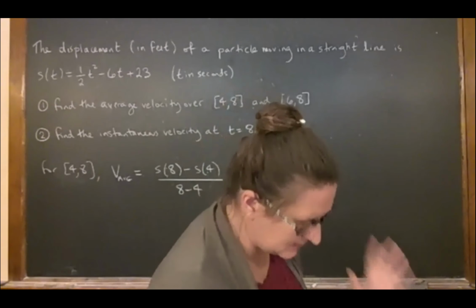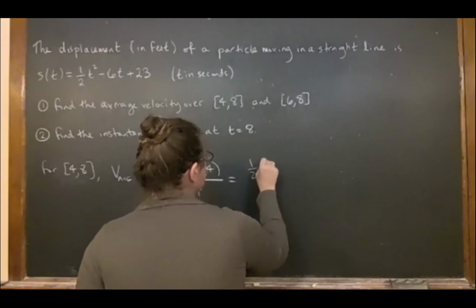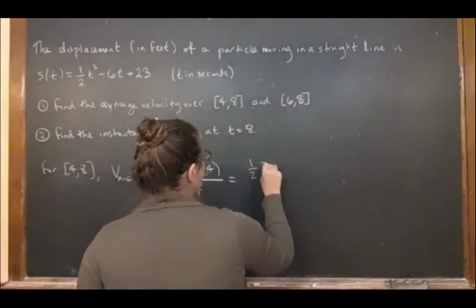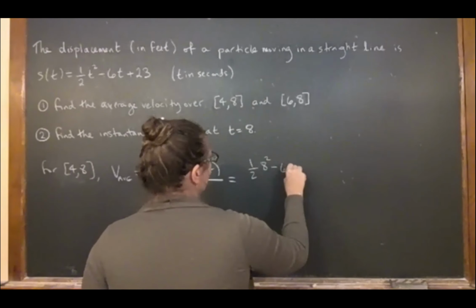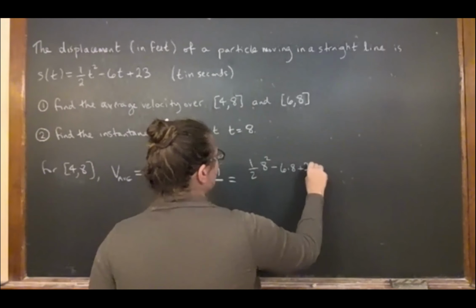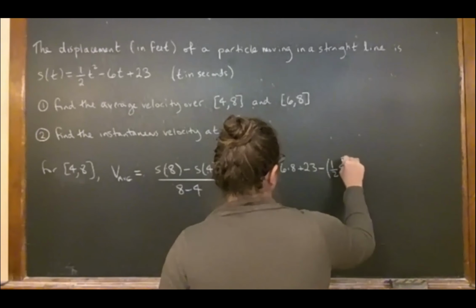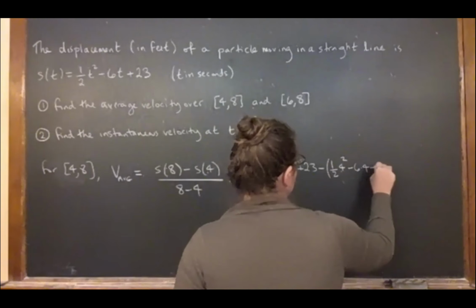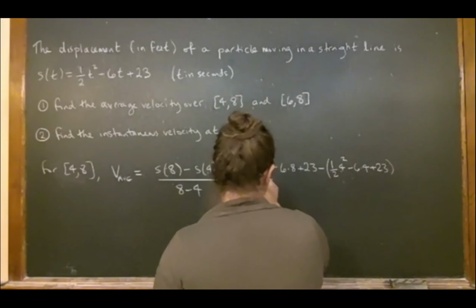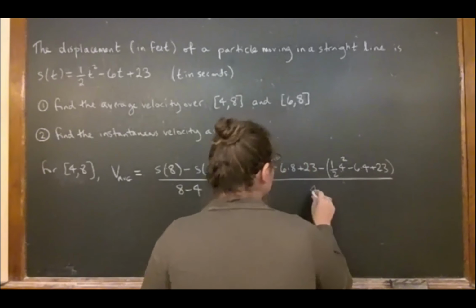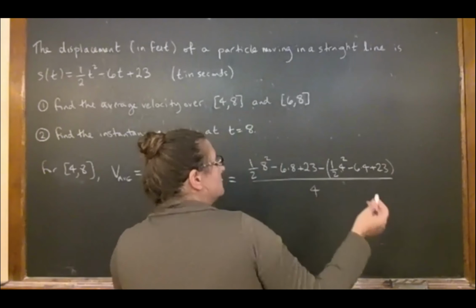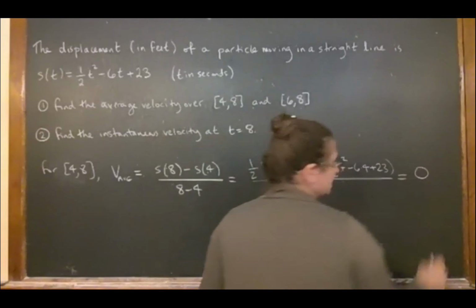I actually did them before so that I wasn't sitting here doing arithmetic for a million hours, and then over 8 minus 4, which is 4. Well, it turns out if you work this out, it actually is 0.